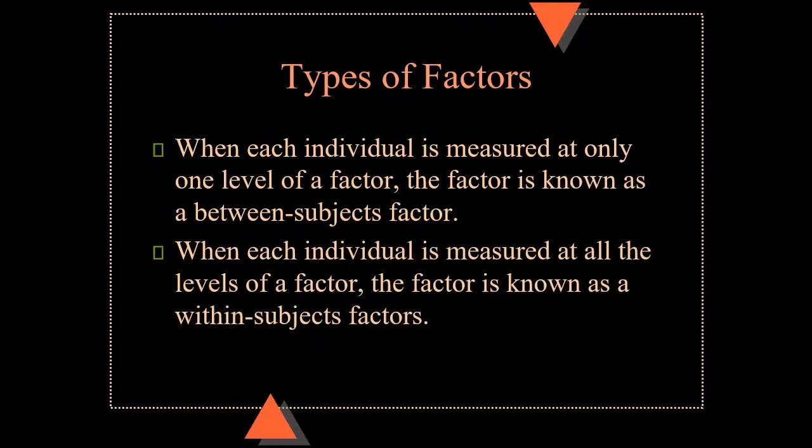So get used to identifying not only what are the factors, how many factors are there, but also identifying whether you're looking at a between subjects or a within subjects factor.